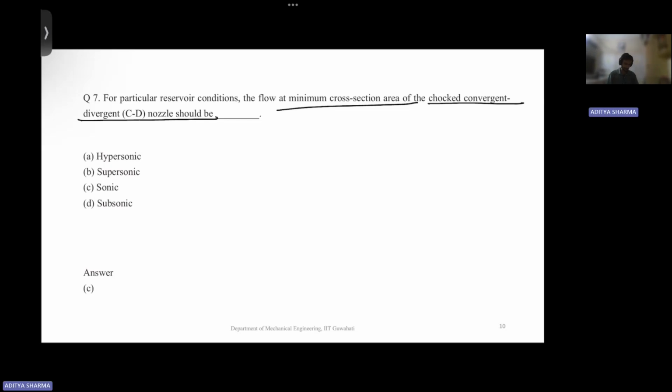So for the CD nozzle, flow at the minimum cross section of the choked CD nozzle should be what? It should be sonic.